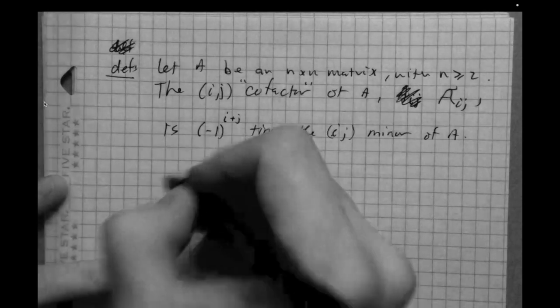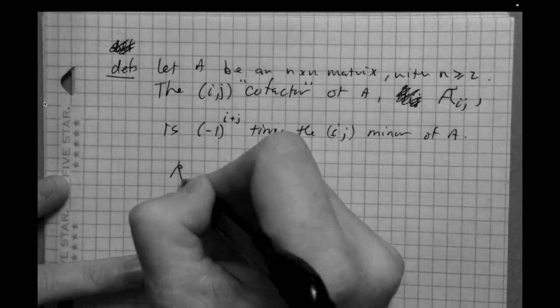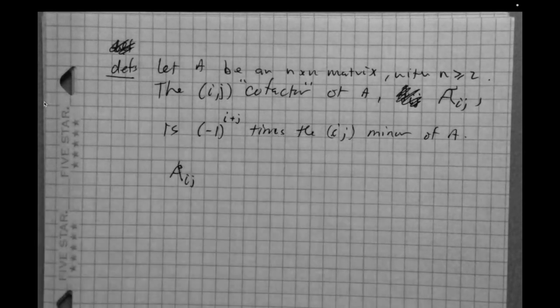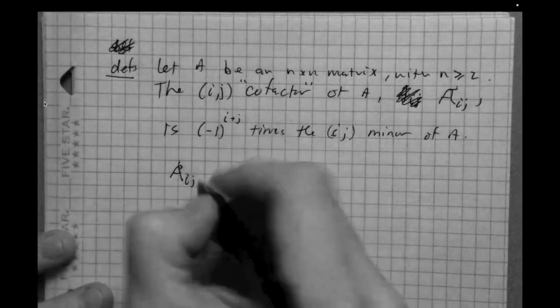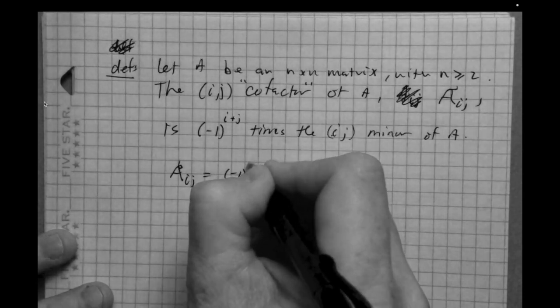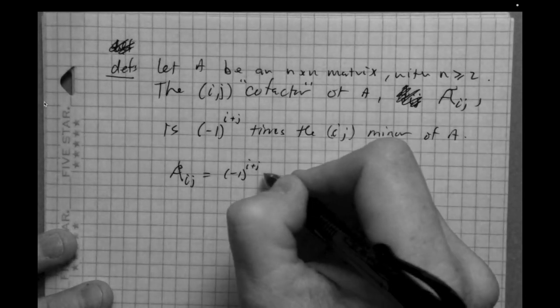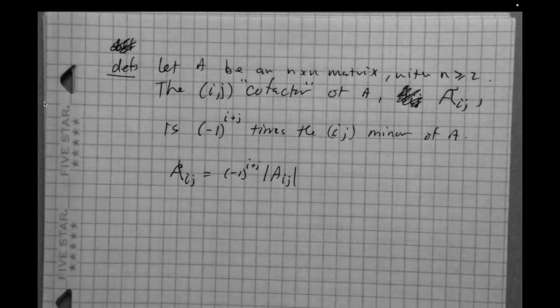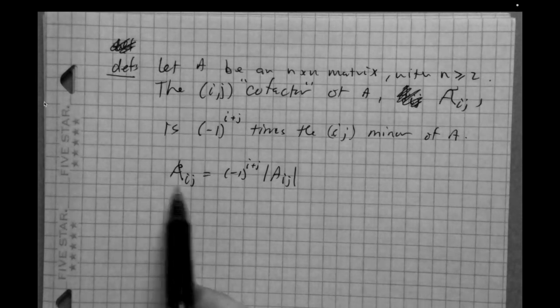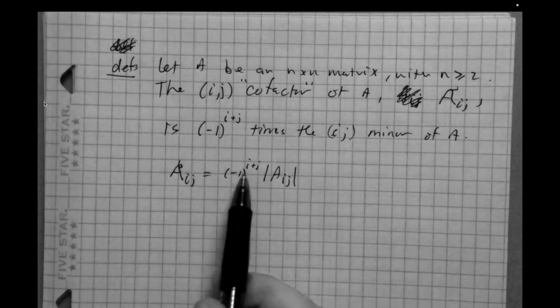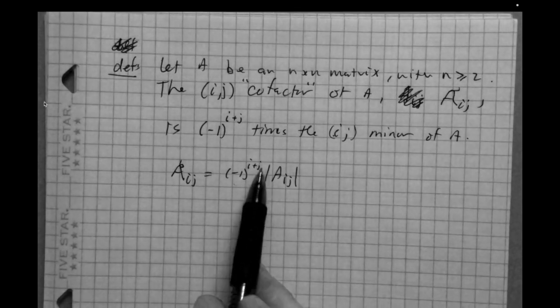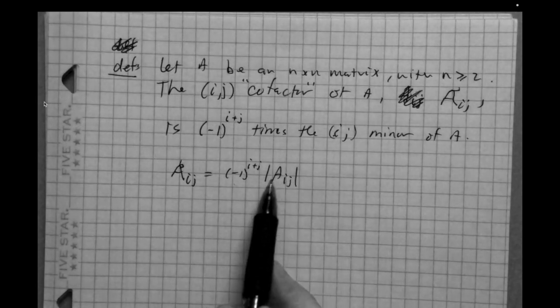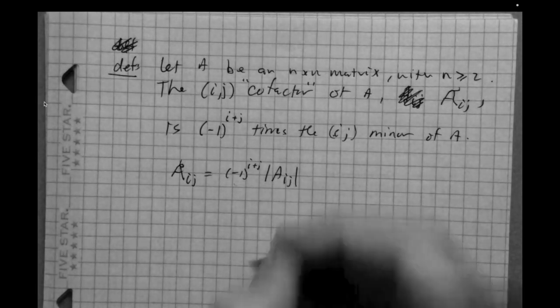It means the ij cofactor of A is equal to -1 raised to the i plus j power times the ij minor. In more standard terms, the ij cofactor is equal to -1 raised to the i plus j power times the determinant of the ij submatrix of A.